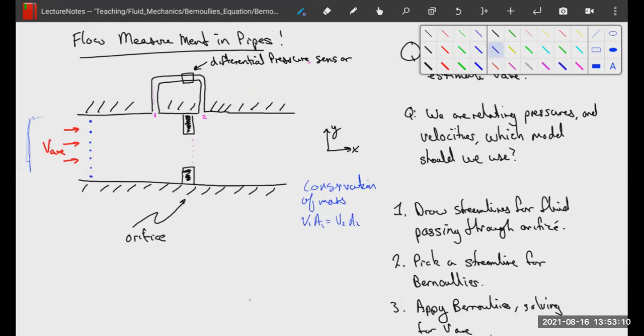So if we're doing streamlines for fluid passing through an orifice, the important thing to know is that the fluid tends to follow nice, fairly well-behaved streamlines until it hits the orifice, and then it depends on the Reynolds number, so it depends on the velocity and the kind of fluid that you're putting through it.